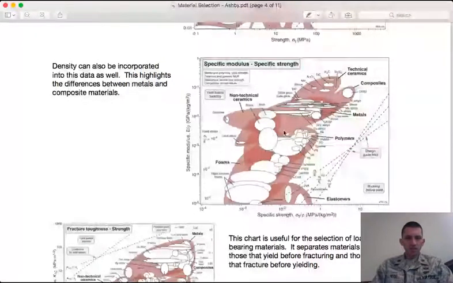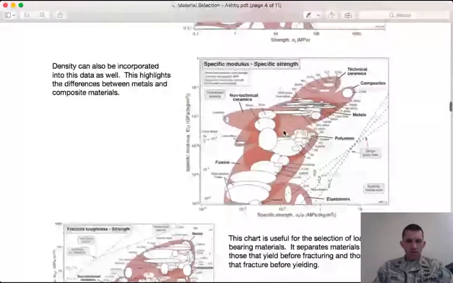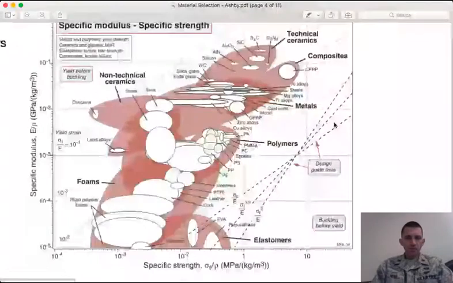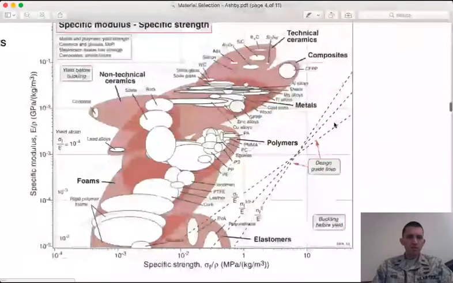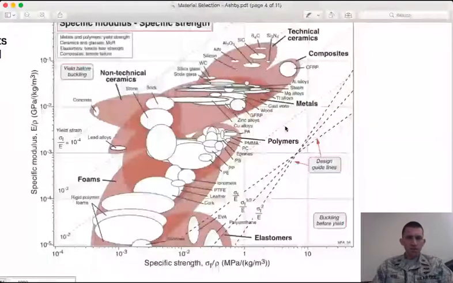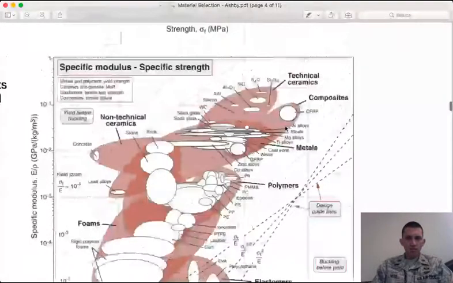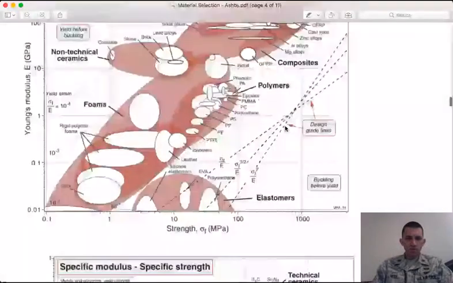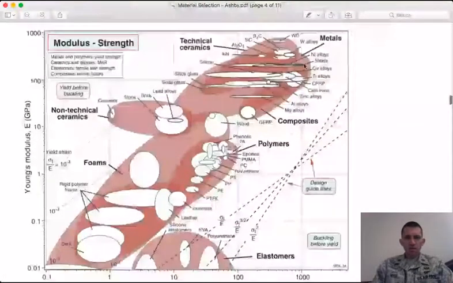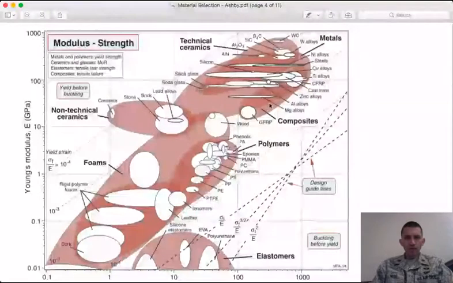And this specific modulus and specific strength highlights the difference between metals and composite materials. If you go back up and look at Young's modulus versus strength, you have your composites below your metals.